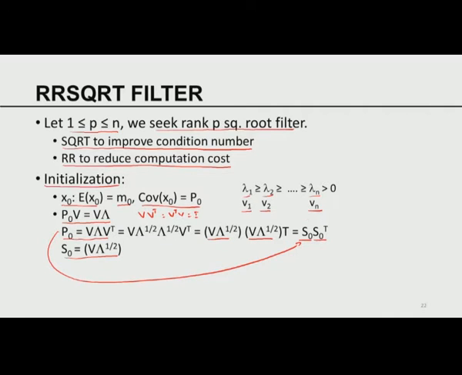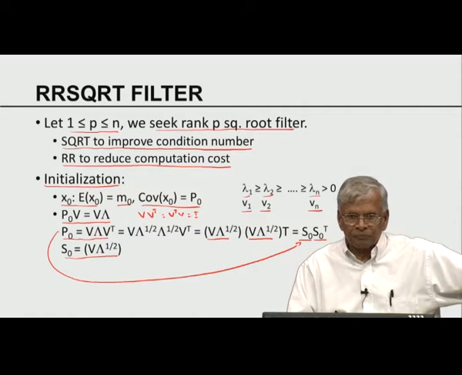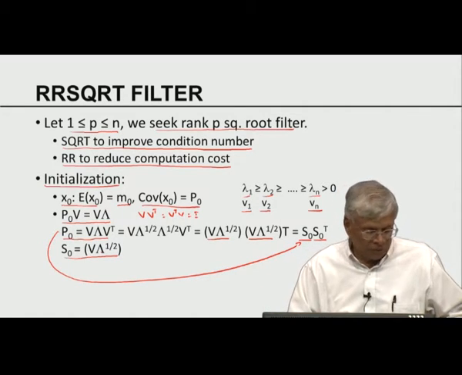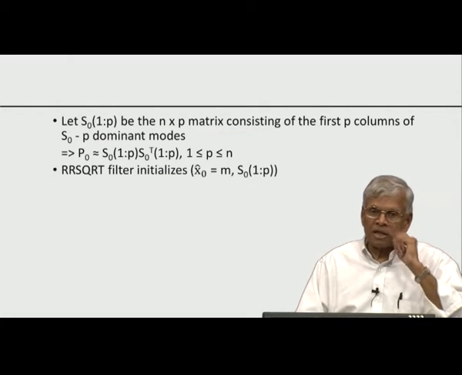Even though it looks like the Cholesky factorization, I obtained S naught not as a Cholesky factor, but as a product of V and lambda to the power half. I want you to recognize this is a different way of doing factorization. So far no approximation. Now I would like to come to the approximation.